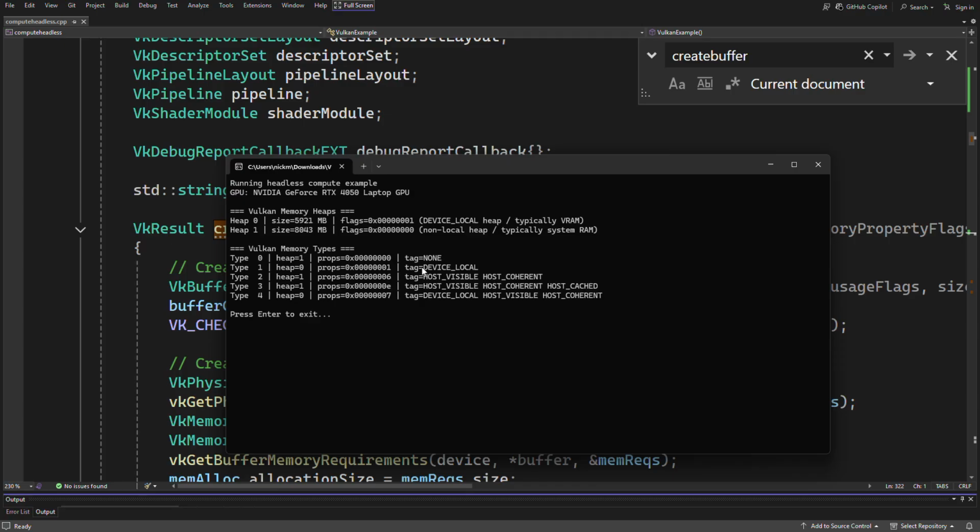It's just GPU memory. So that's type 1, but it's still on heap 0. Type 4 is still on heap 0, but now it's GPU memory that the CPU can access, and you also have this host coherent thing. So what I'm trying to say is that the memory types is just Vulkan.